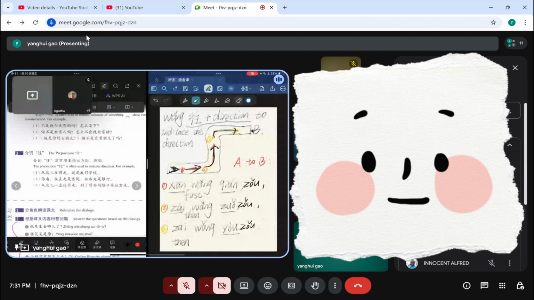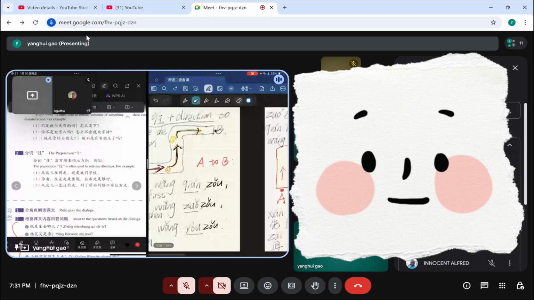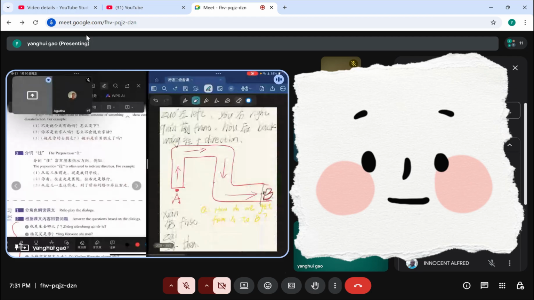So if you understand this, we go ahead, okay? Let's continue to see this map. Now look at this picture. We also have point A and point B. How do we get from point A to point B?